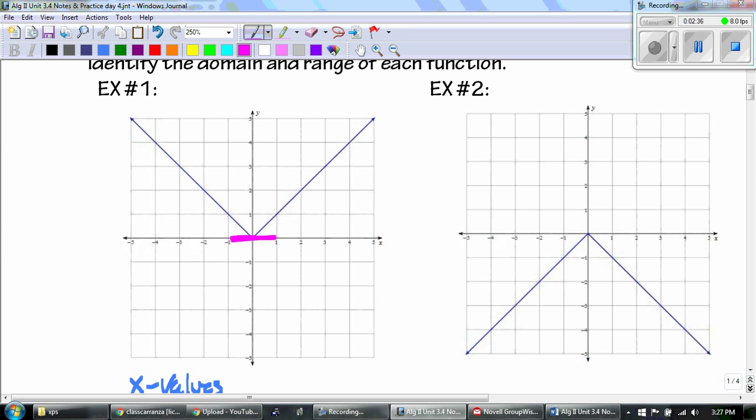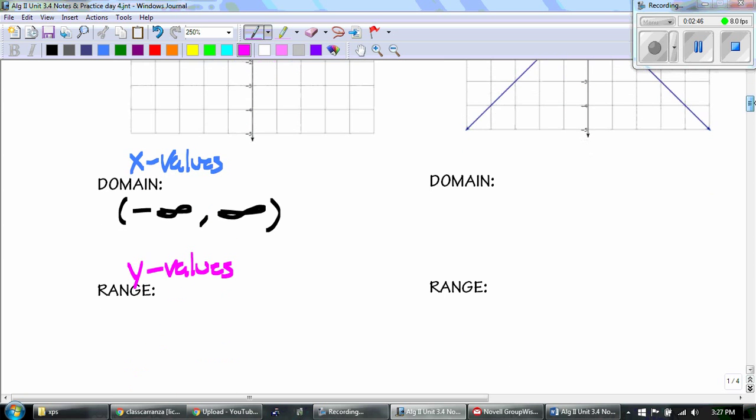I see where this starts. It starts at 0, and then it goes all the way up to positive infinity. So our range is a little bit different. For our range, we start at 0, and then it goes to positive infinity.